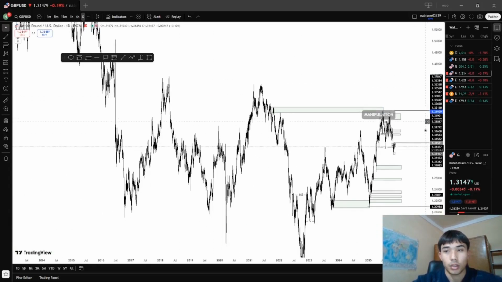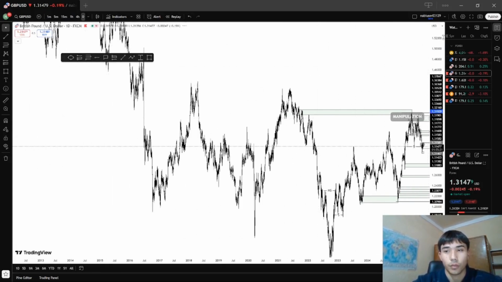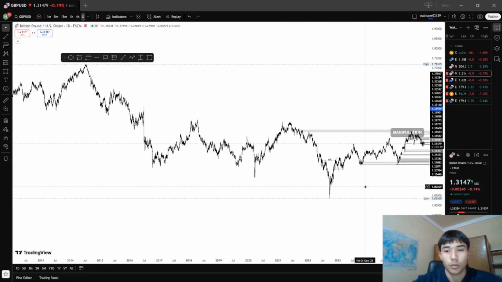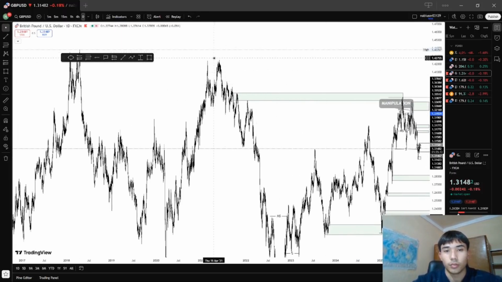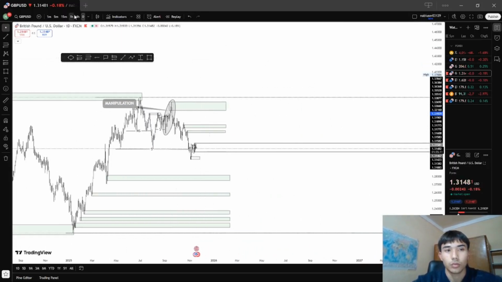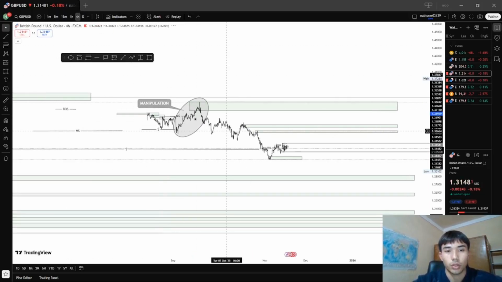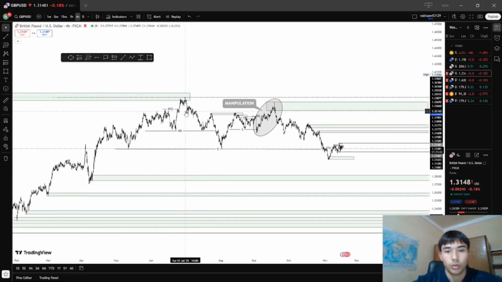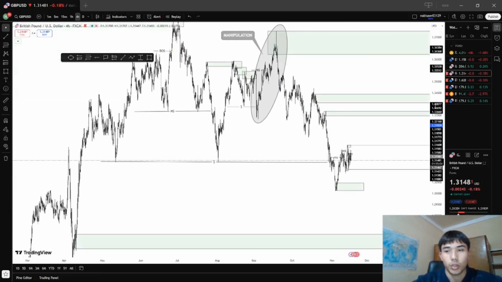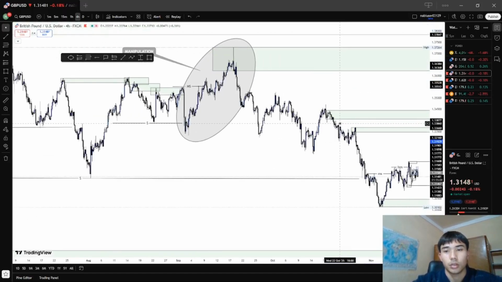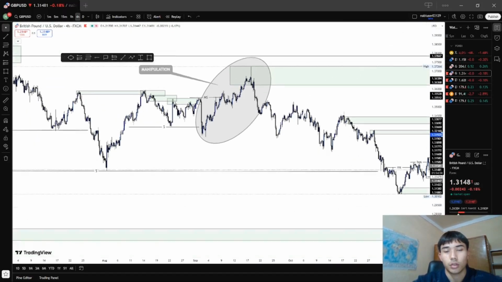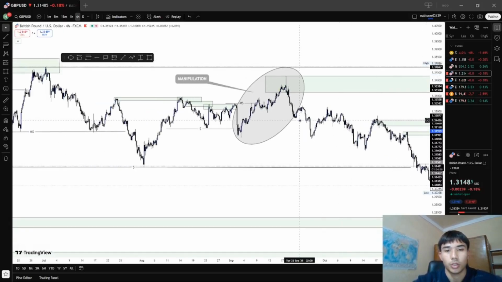This is our last higher high. So yeah, this is our swing structure, and we mark out our 4 hour key points of interest, key levels, you name it.